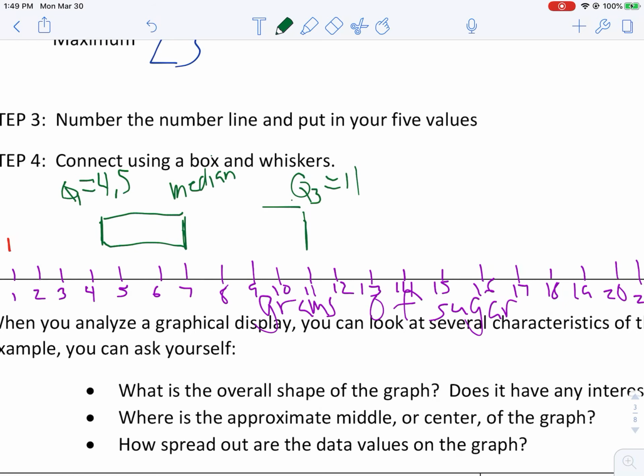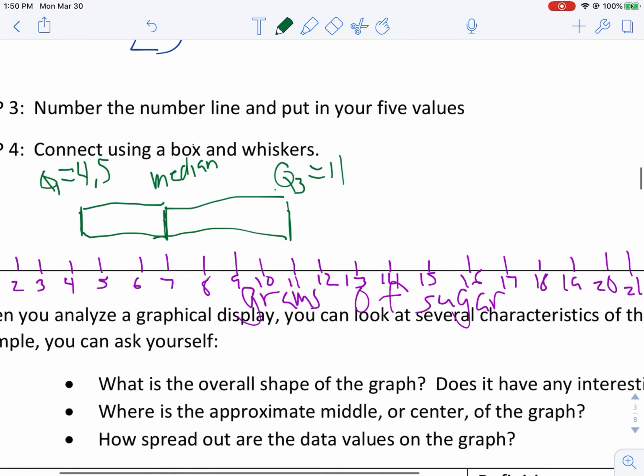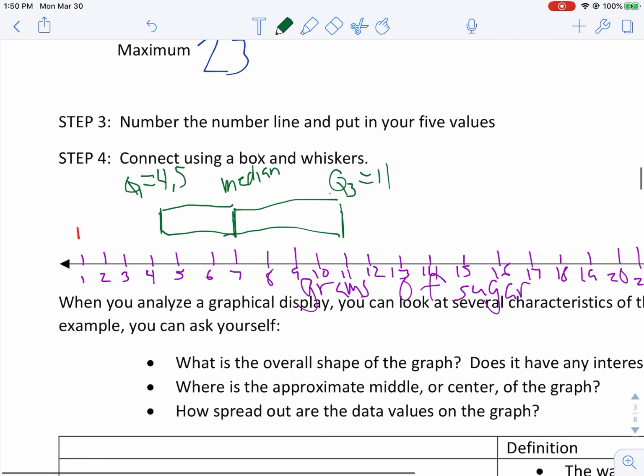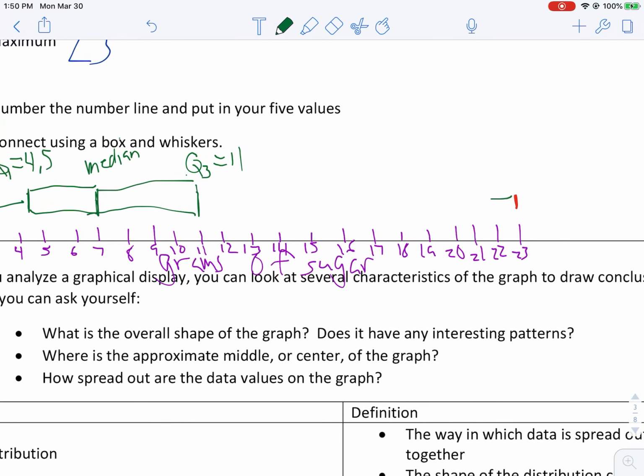So I'm going to label it like that, just because. Now, I have my box. I have my whiskers that I can connect to. And just like that, we have our box and whisker plot.